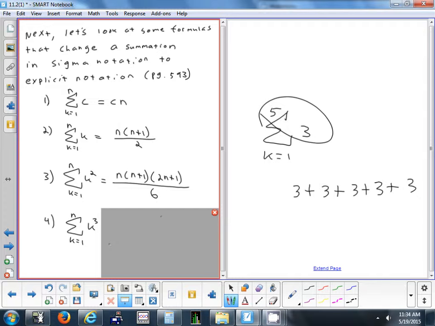But okay, and then the last one, the fourth formula, that's if you're going to add up the first n perfect cubes, like 1, then 1 plus 8, then 1 plus 8 plus 27, and then 1 plus 8 plus 27 plus 64. All those numbers are your perfect cubes. 1 cubed, 2 cubed, 3 cubed, 4 cubed. And that's a quartic pattern, or degree 4.